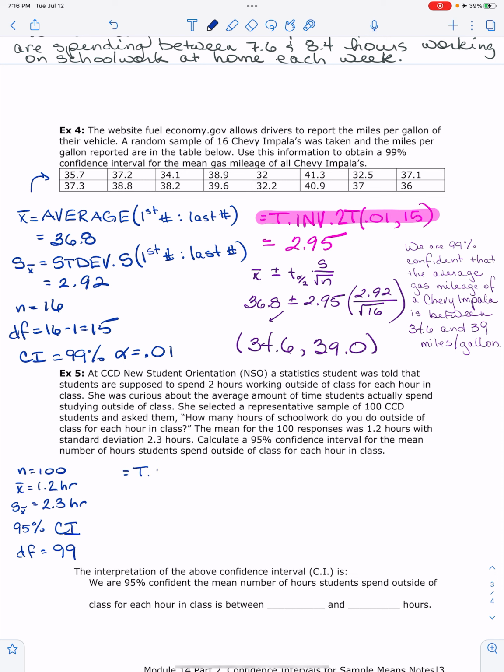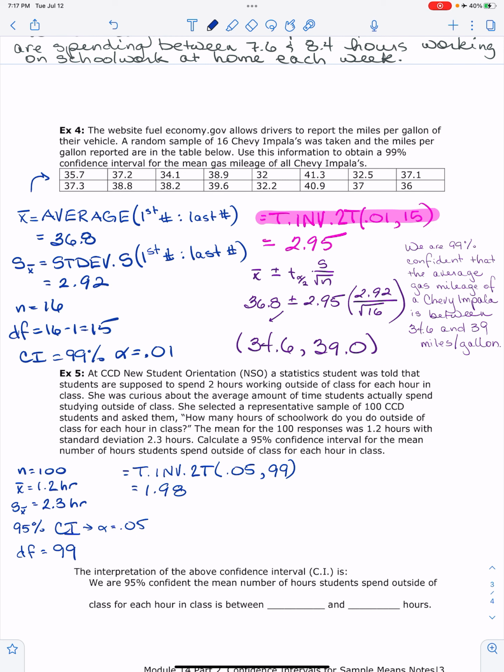Super excited here. T.INV.2T. For a 95% confidence interval, my alpha is the other 5%, 0.05, with 99 degrees of freedom, and I get 1.98.